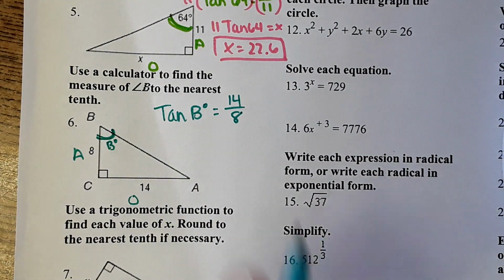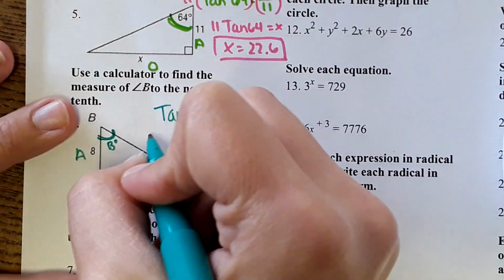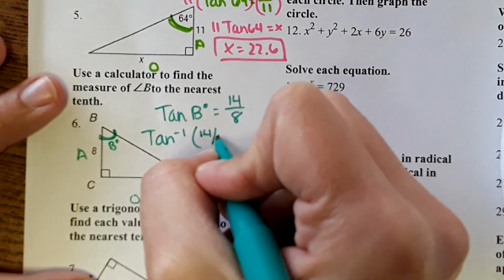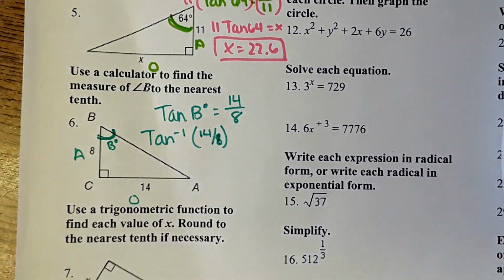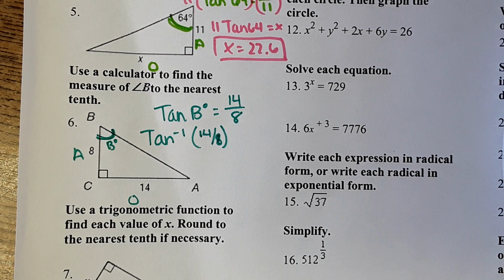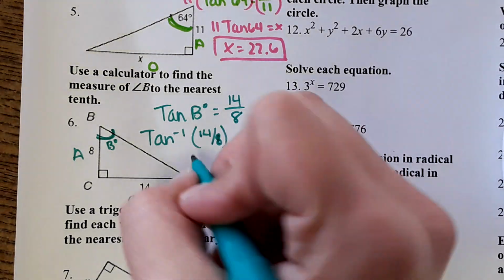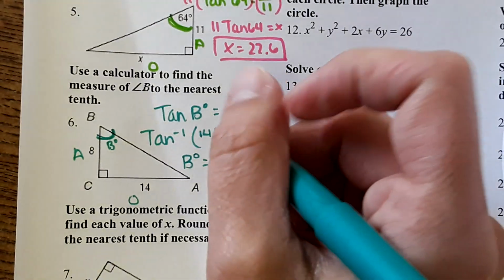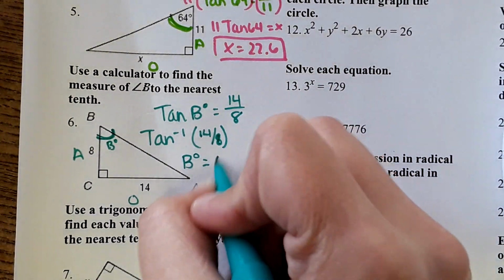And people often forget how to plug this into the calculator, but to find this degree measure, you would use the inverse tan, or tan to the negative 1, like this, and it would work. And it comes out to, so B degrees is 60.26.